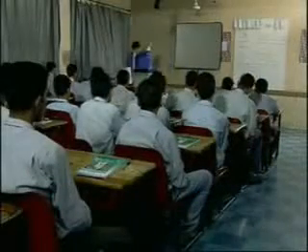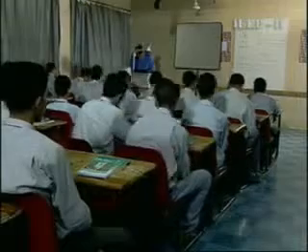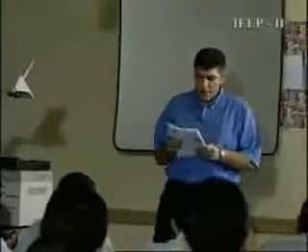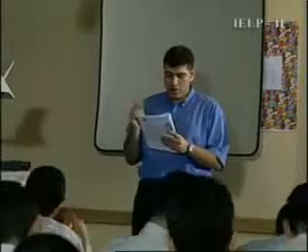Okay, you have your workbooks? Yes. I want you to open page 17. Page 17. We have two exercises on page 17. It is the C exercise that I want you to answer.